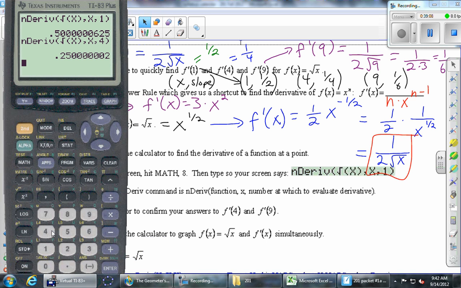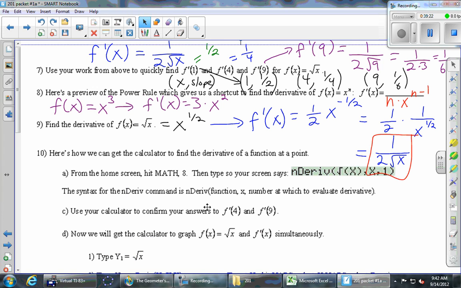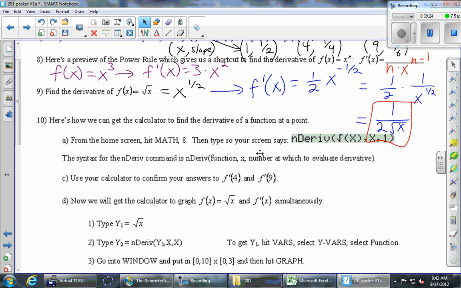And what were your answers like, Todd? And the answers, did you get exactly 0.5? Fancy. Okay, so that's how we find the derivative at a function.